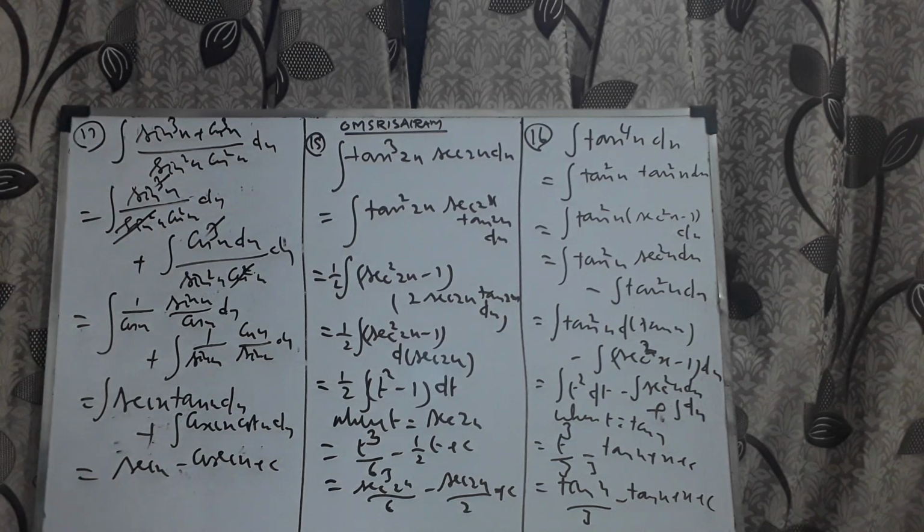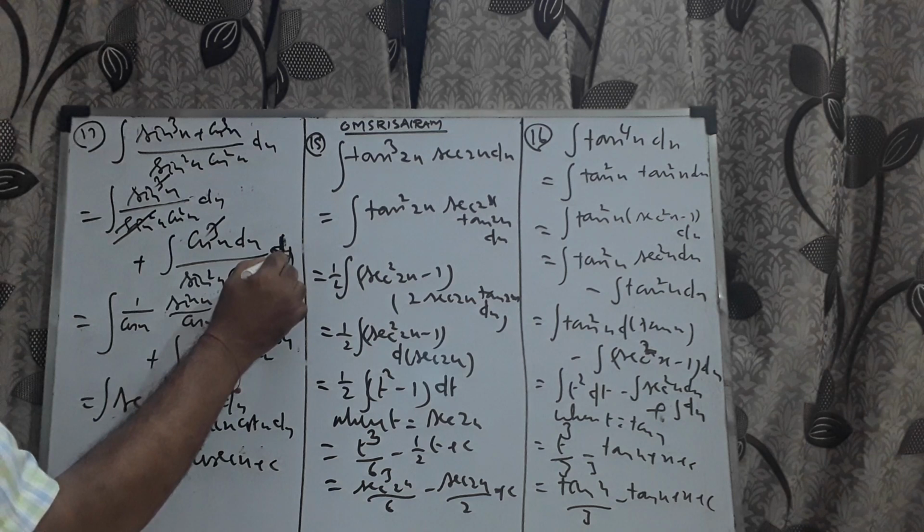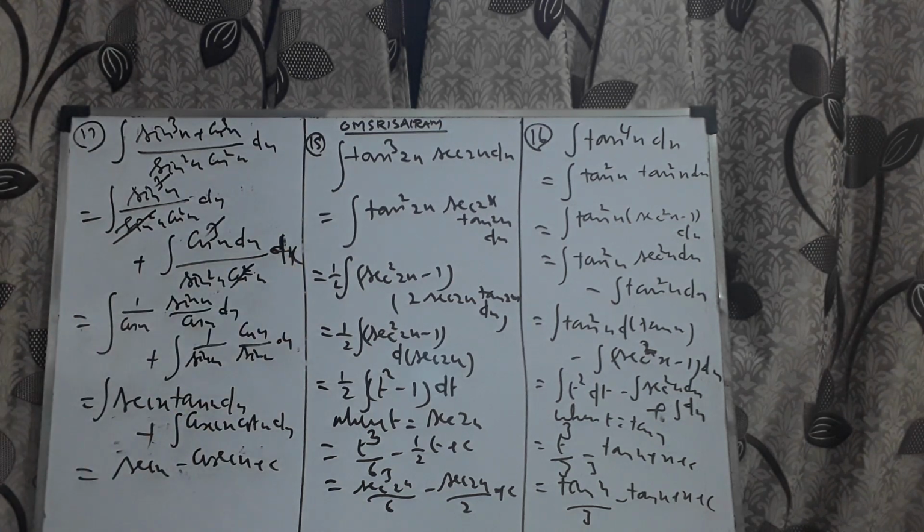Let me just check whether my answer is right or wrong. Integral sine cube x plus cos cube x by sine square x cos square x dx. Divide individually: integral sine cube x by sine square x cos square x dx plus integral cos cube x by sine square x cos square x dx. Therefore, I cancel sine square x here, cos square x here. I am just cancelling only the power. Power becomes 1. That's the meaning.